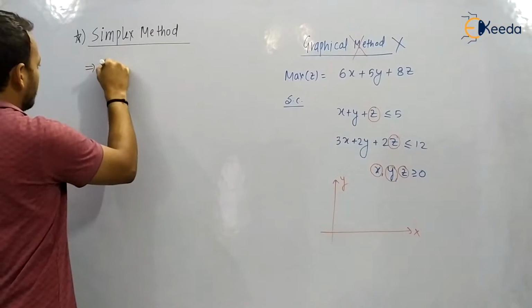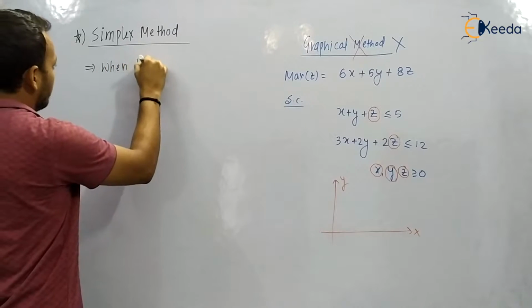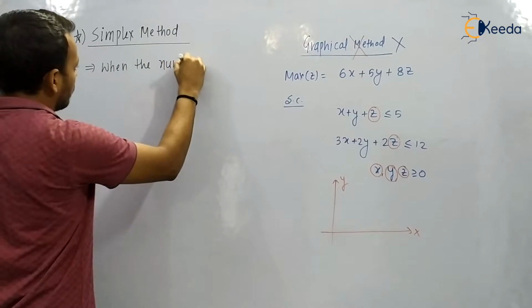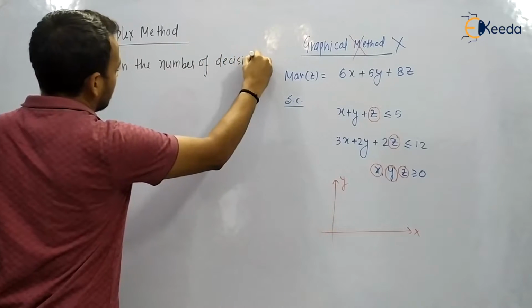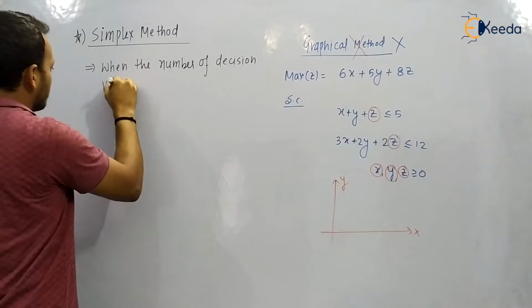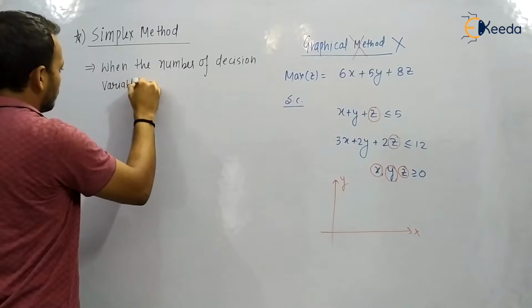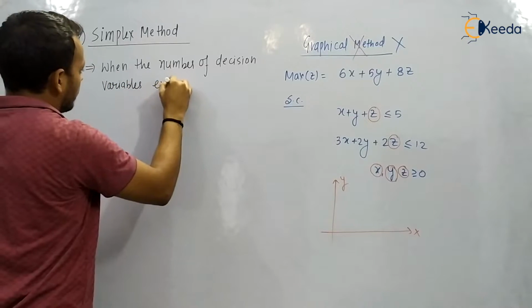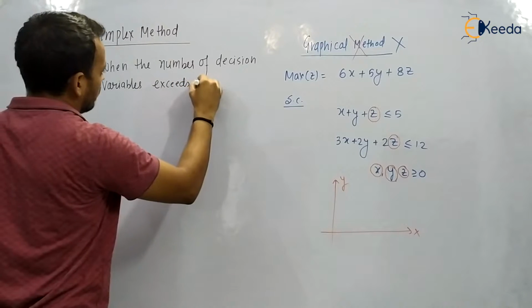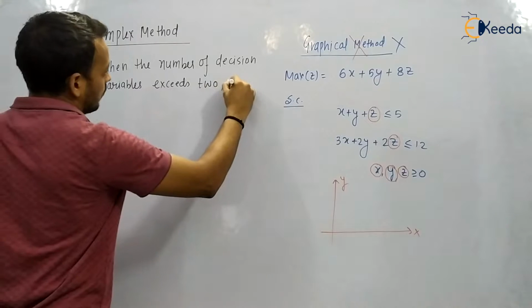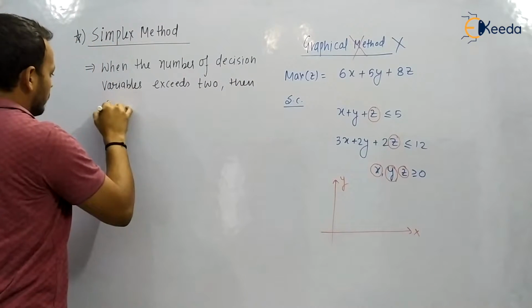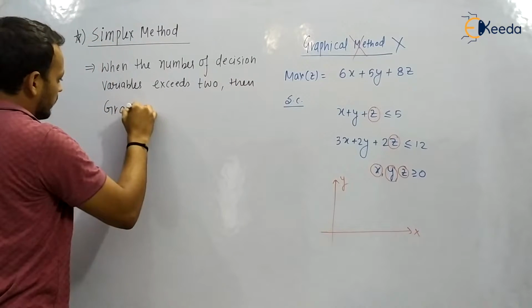So we can write that when the number of decision variables exceeds 2, then the graphical method fails.